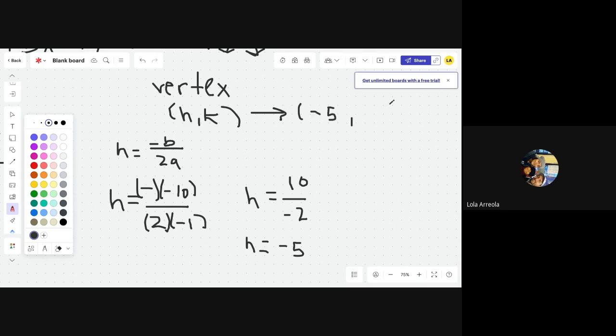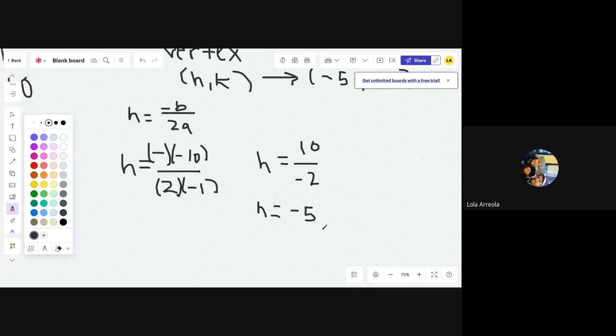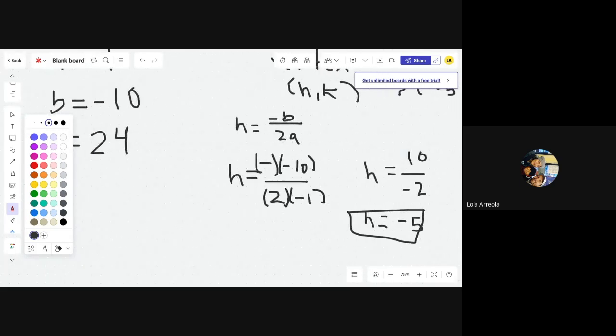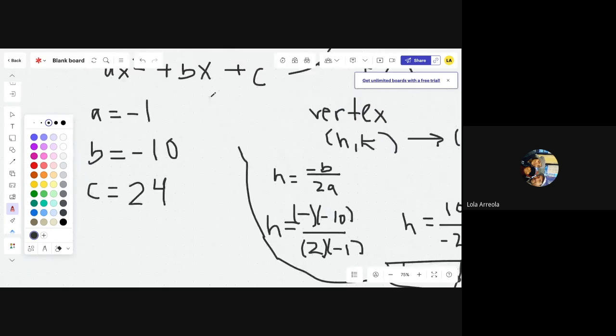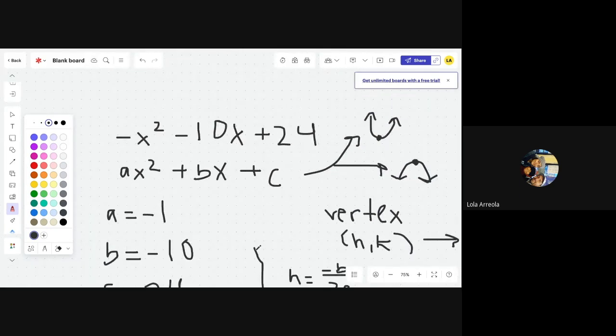And I still need to solve for K. In order to solve for K, all I do is plug in -5 into the original formula, into my original function.